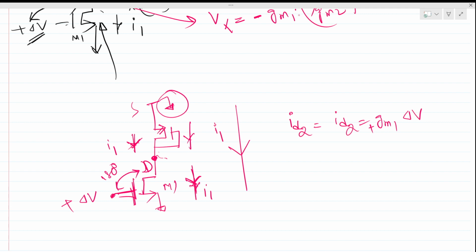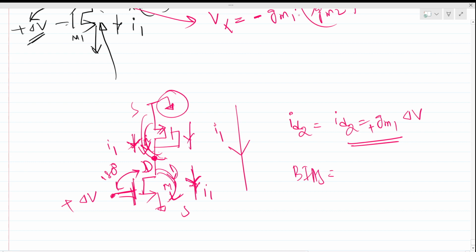So for M1 the small signal current is flowing from drain to source, and for M2 the small signal current is flowing from source to drain. And for the bias condition we all know that for PMOS the current always flows from source to drain, so there is no contradiction. And for NMOS the bias current always flows from drain to source, so there was no contradiction.